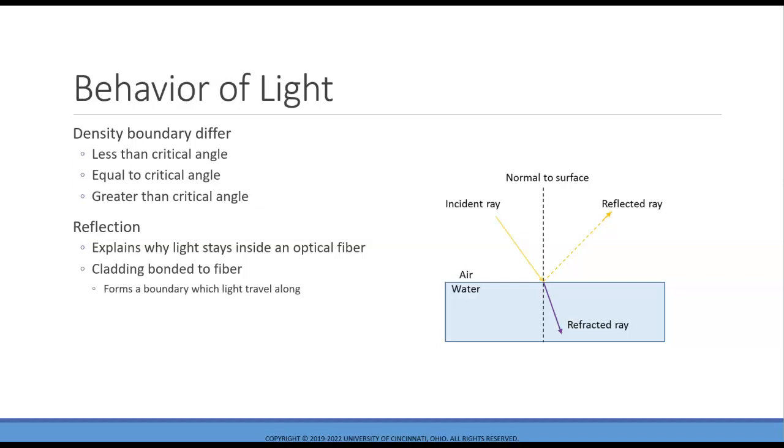Total internal reflection is a phenomenon that happens when a propagating wave strikes a medium boundary at an angle larger than a particular critical angle with respect to the normal surface. If the refractive index is lower on the other side of the boundary and the incident angle is greater than the critical angle, the wave cannot pass through and is entirely reflected.